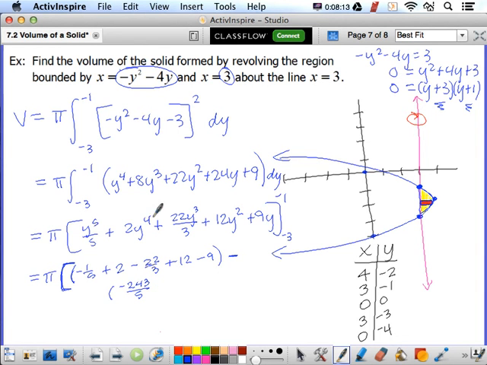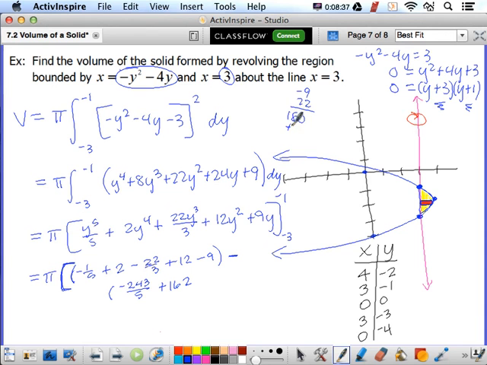And this one, -3 to the 4th, is 81 times 2 is 162. -3 to the 3rd is -27 over 3 is -9. -9 times 22. You guys could help me. What is it? -198.